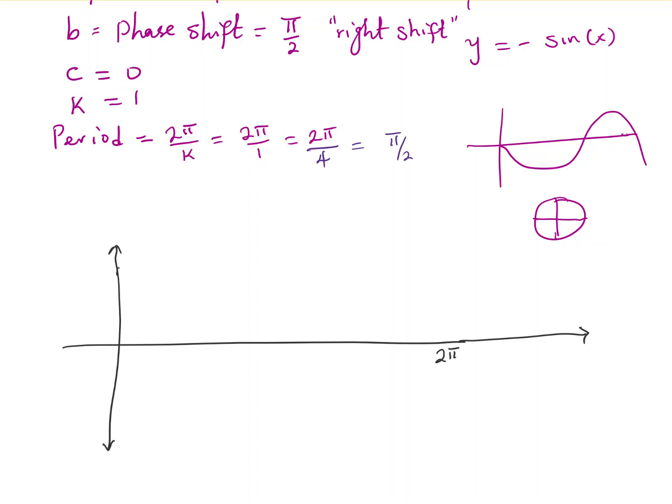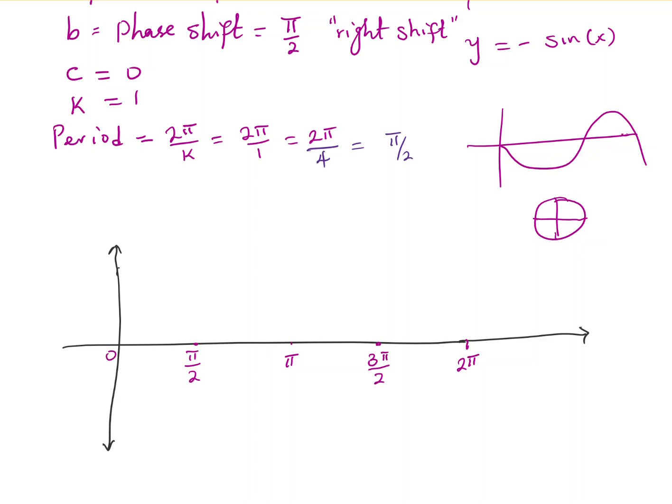So this is the midpoint, I would say. Let's call it pi. And this place, we call it pi by 2. And here would be 3 pi by 2. All right. And this is, of course, 0.